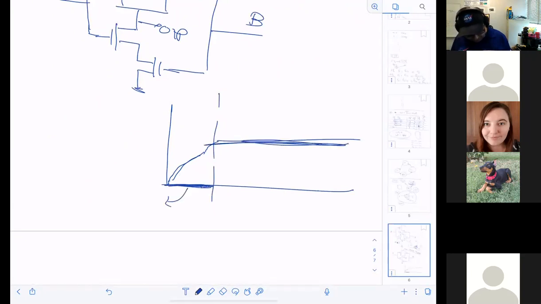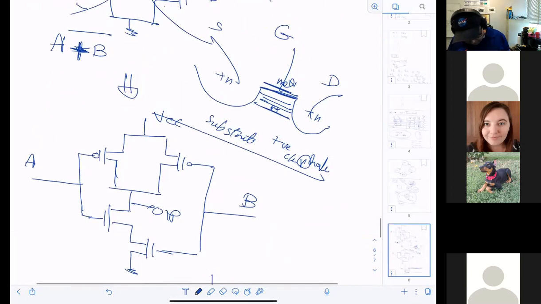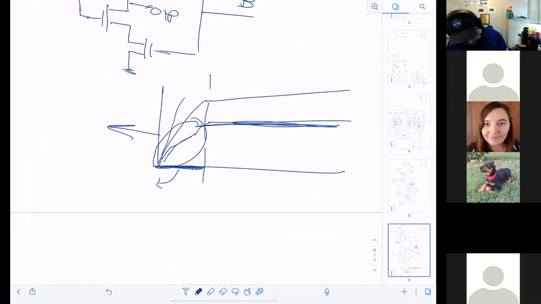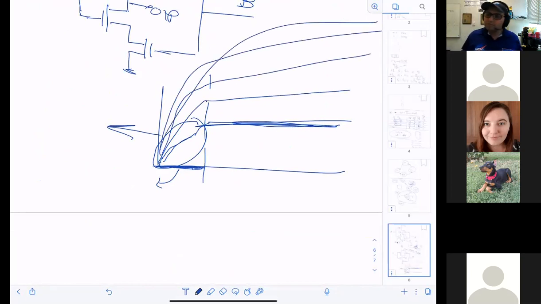Here is saturated, that means it's turned on. Here is the transition, which is used for some other stuff. Based on the gate-source voltage, this curve can change.